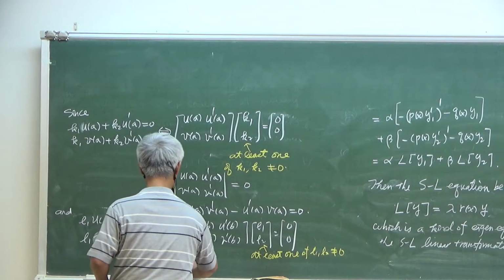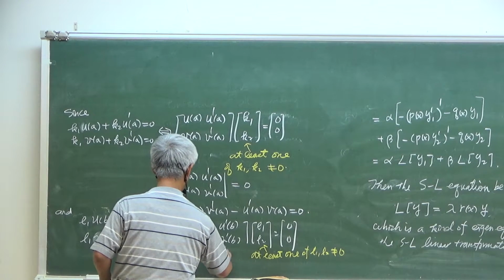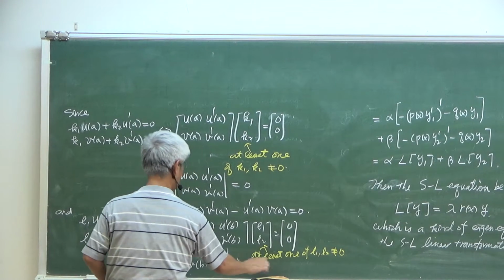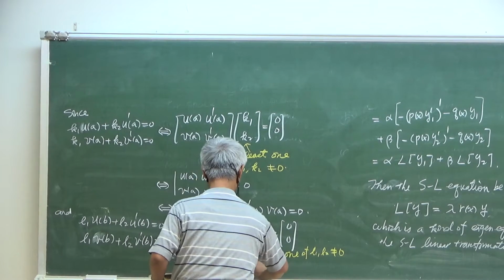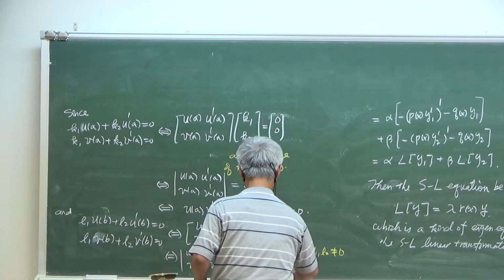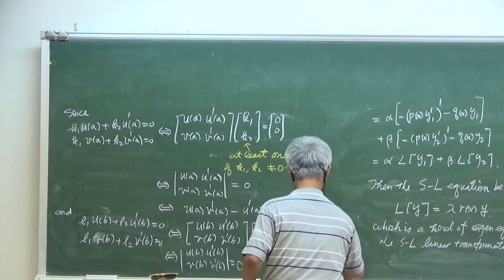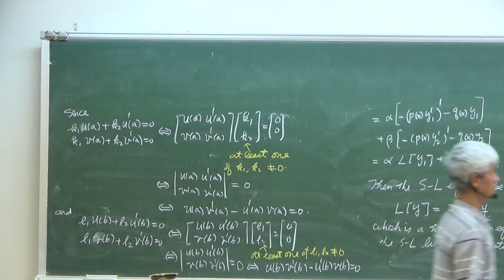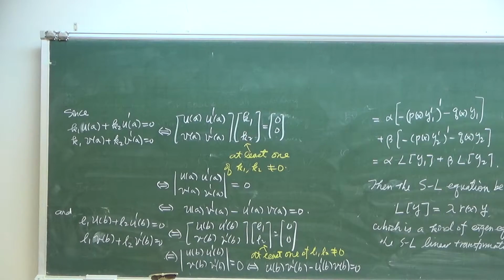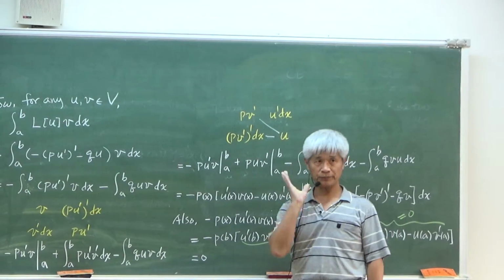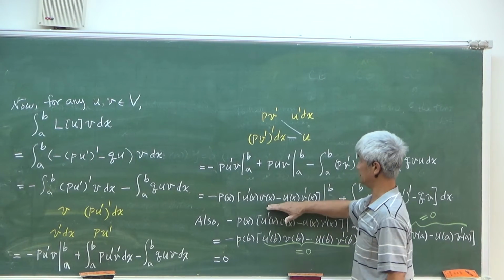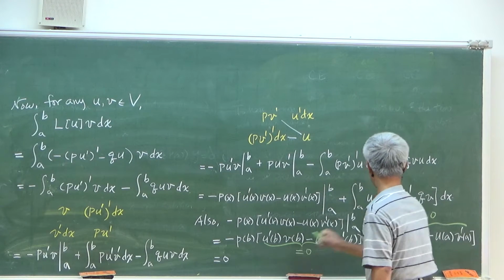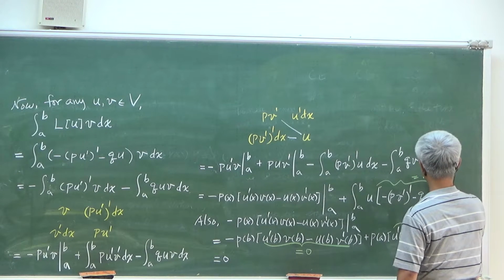So this means that the determinant of the matrix is equal to 0, so U B V prime B minus U prime B V B is equal to 0. So from the boundary conditions this is 0. And of course for here this part is equal to L.